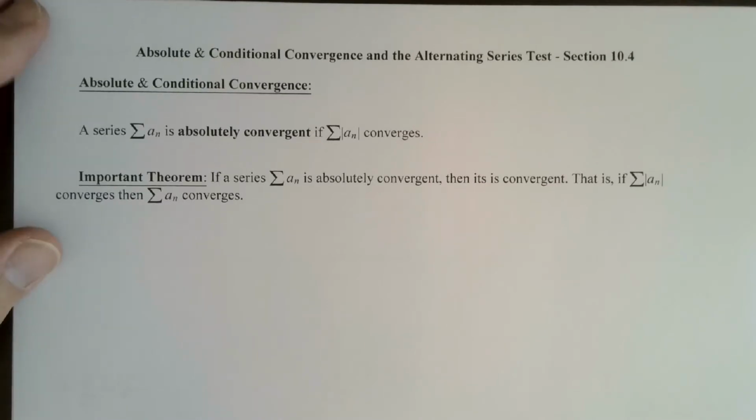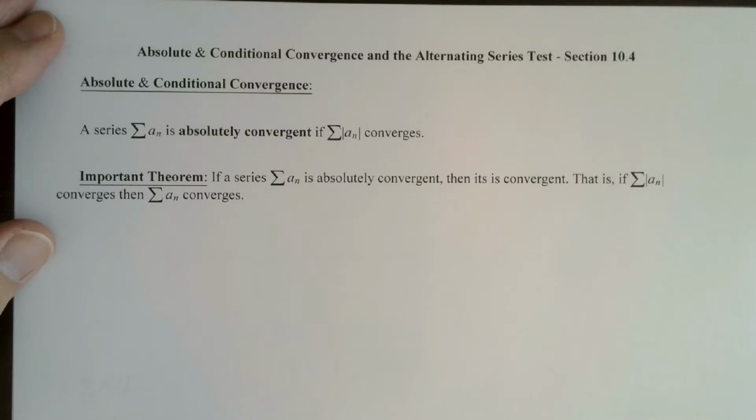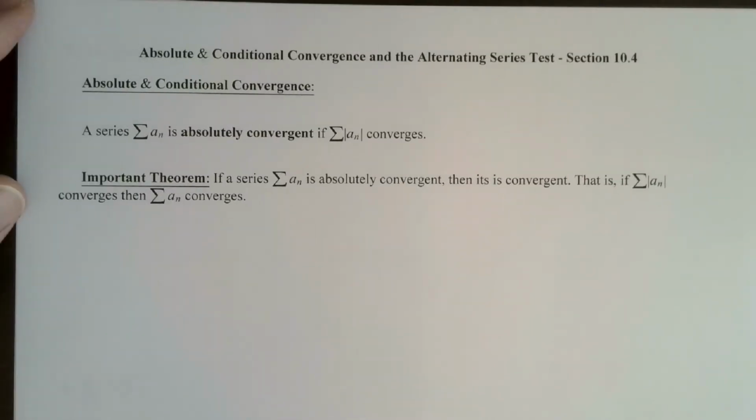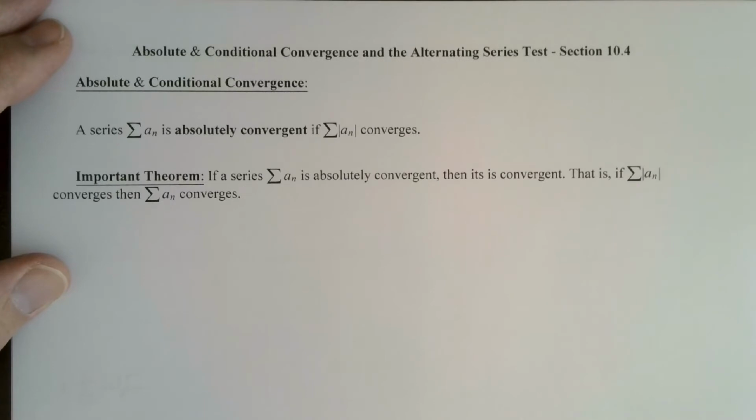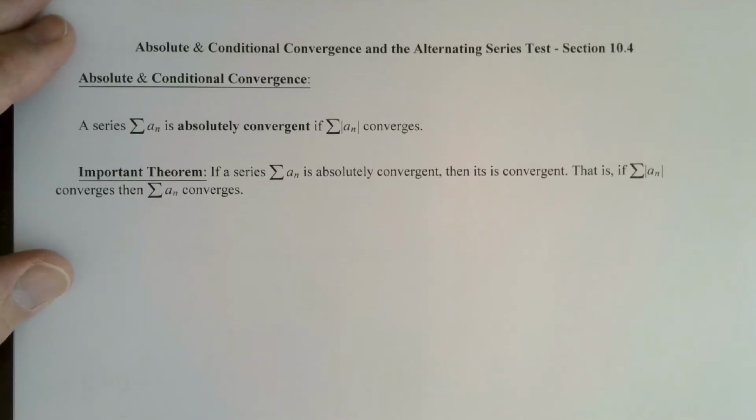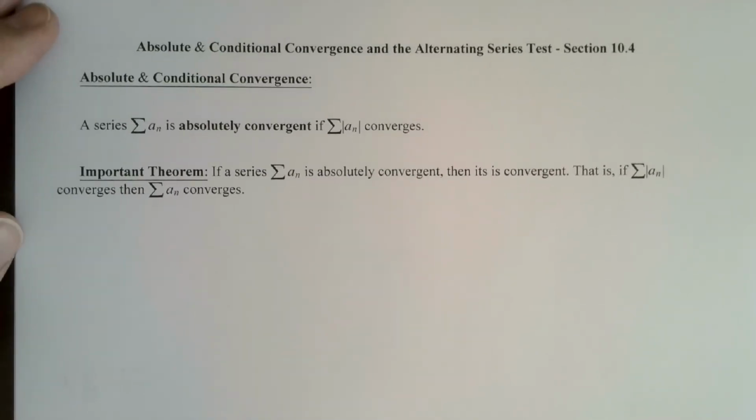When an infinite series sums both positive and negative values, the terms are positive and negative at times, and that makes determination of convergence or divergence a little more challenging in many cases.